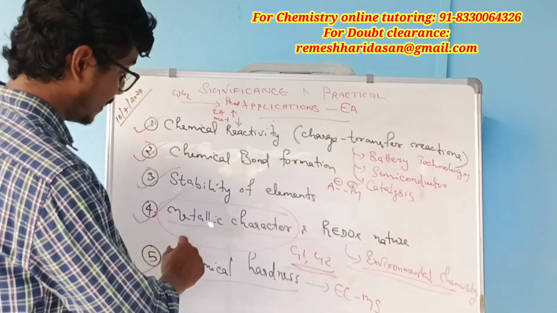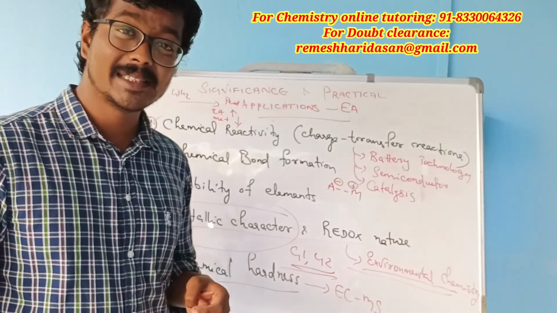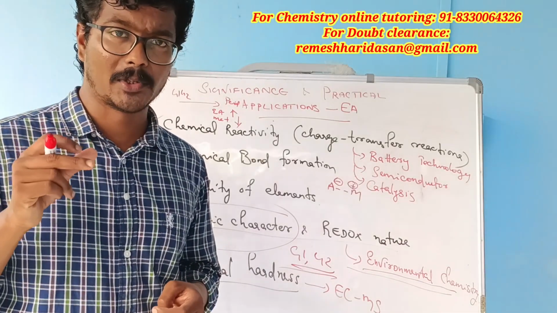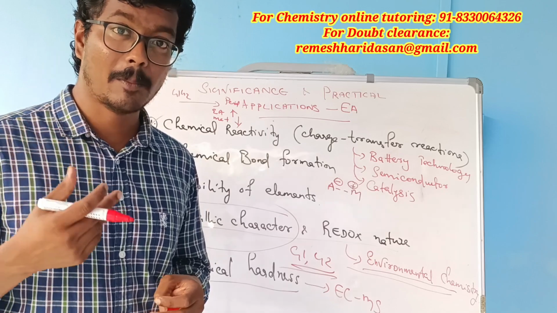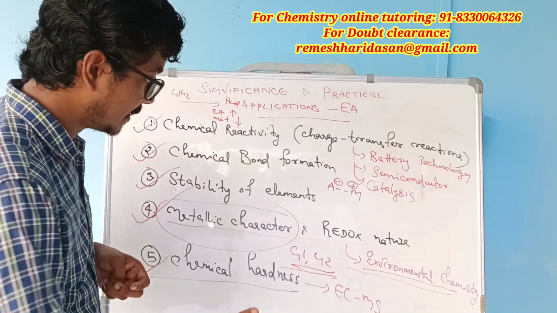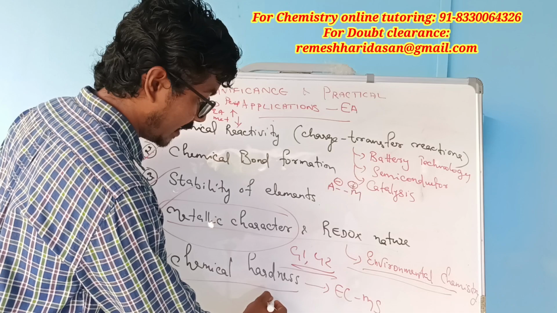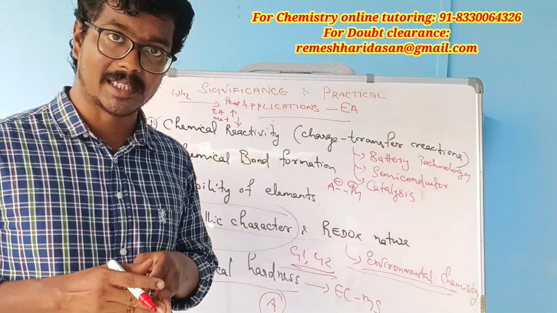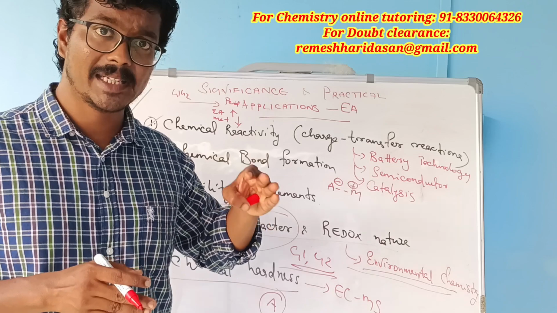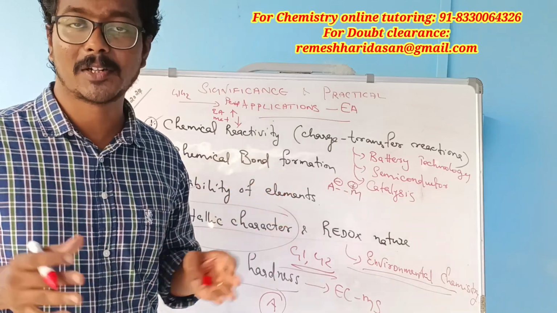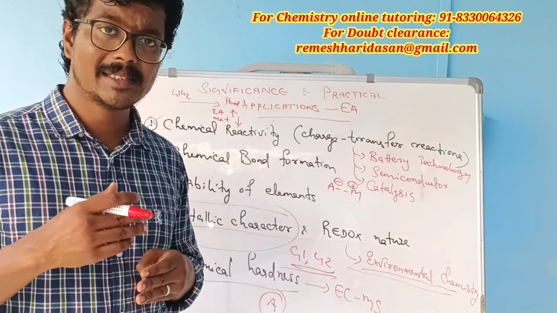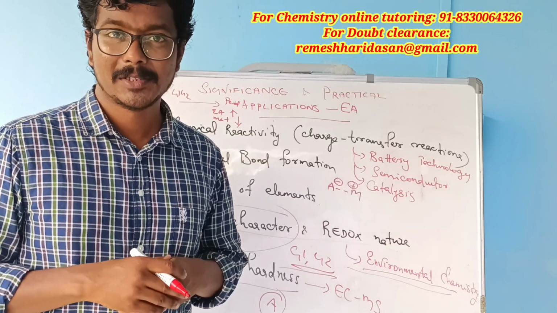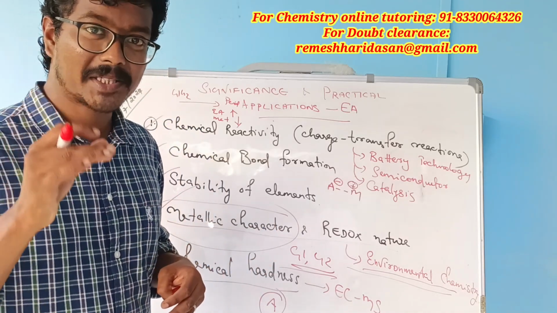Chemical hardness is a measure of the ability of a compound, molecule or element to undergo polarization. When an element in its neutral state is placed in a field where plenty of electrons are available, it either accepts an electron or gives one up, and this is measured.